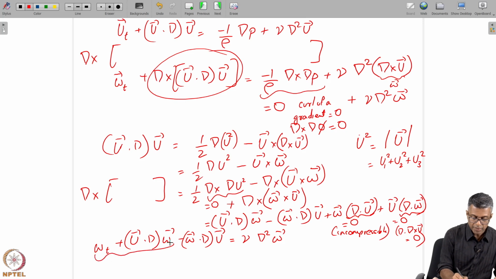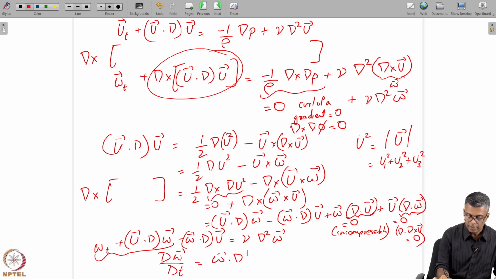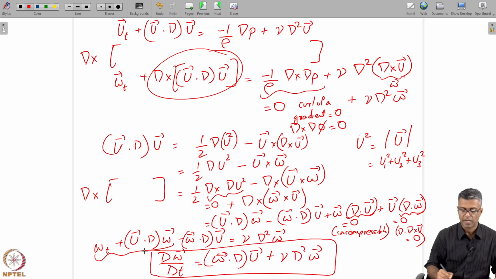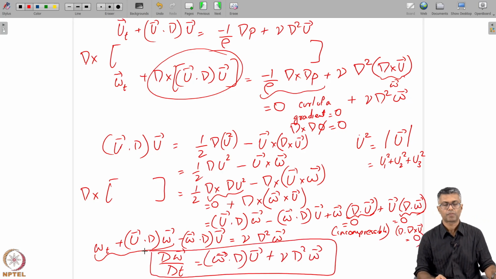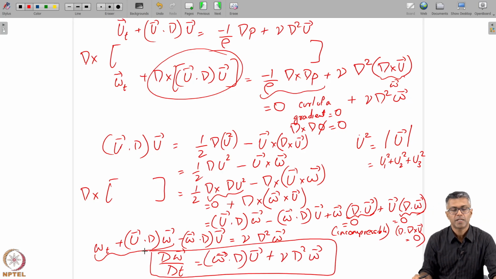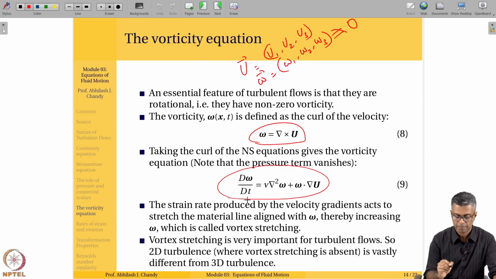And combine these two and write it as the total derivative. So I have d omega dt equals omega dot del u plus nu del squared omega. This is my vorticity transport equation. That is my vorticity transport equation, as you can see here.